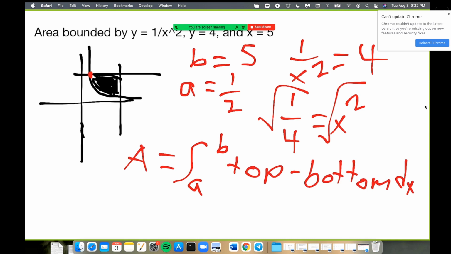So why does this top minus bottom thing even matter? The reason for this is because it's essentially just finding the difference in your y values. So if you think about it, this is the top function, this is the bottom, right? Now, if you're just finding the y right here minus the y value of the bottom function, which, let's make this green, is going to be right here, then what does that give you?